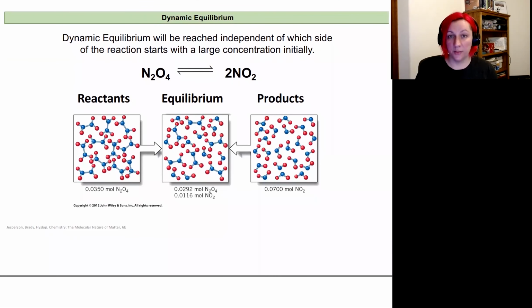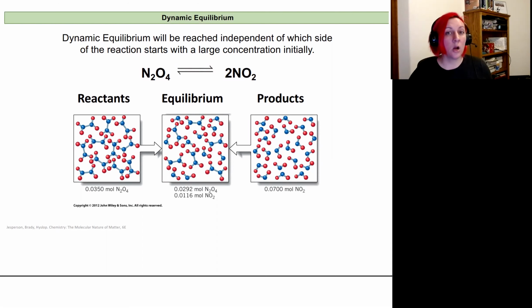Now, for these reversible reactions, like the decomposition of N2O4 into NO2, we know that we'll hit equilibrium, we'll have both around, right? And in this case, we'll have more N2O4 than NO2. Now, we can hit that point of equilibrium no matter where we start.